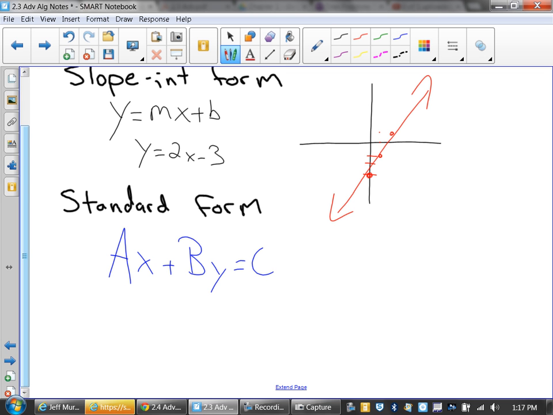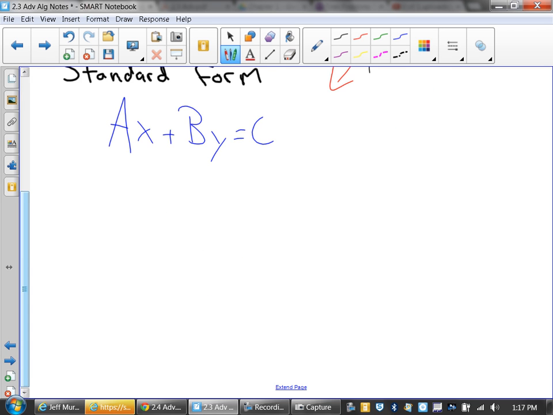Remember there were certain rules that applied to standard form in order for this stuff to work. In standard form, A had to be positive. A and B are both not equal to 0.